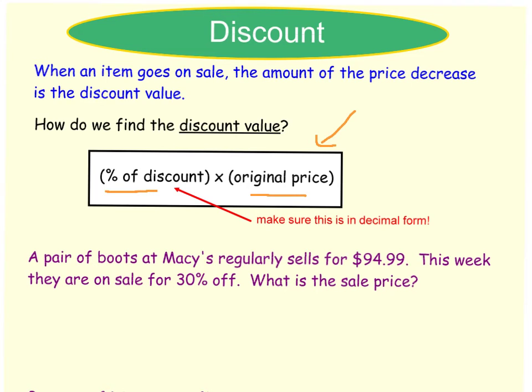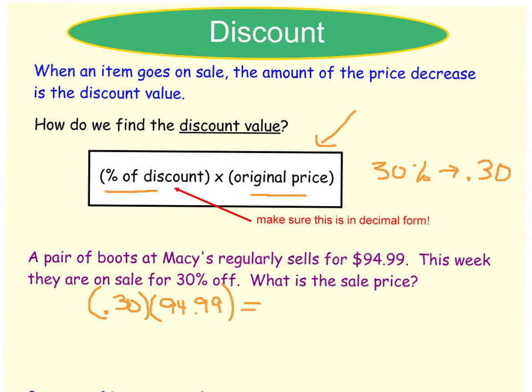The first thing I need to do is convert my 30% to a decimal, moving the decimal place 2 places to the left. So we get 0.3 or 3/10. And so I'm going to take that 3/10, that's now my percent of discount, times the original price of $94.99.